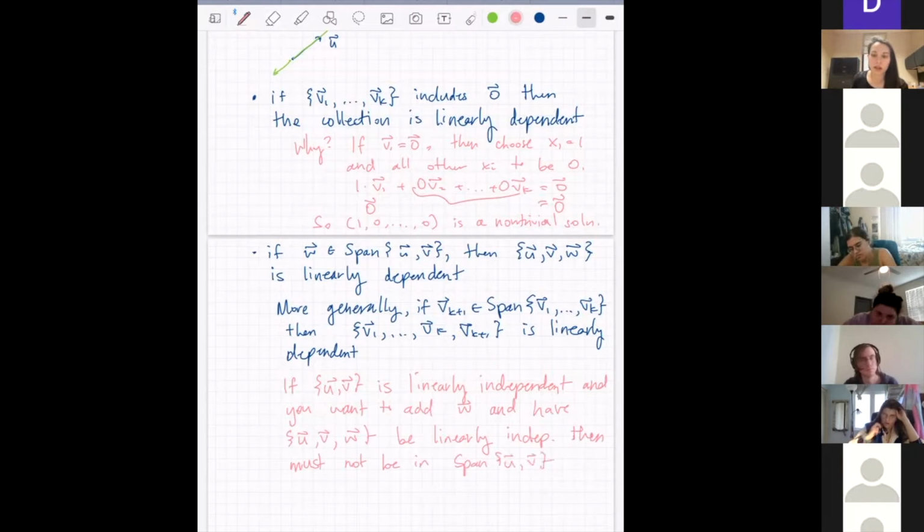You just have to choose something outside of that, right? If you want to maintain linear independence.